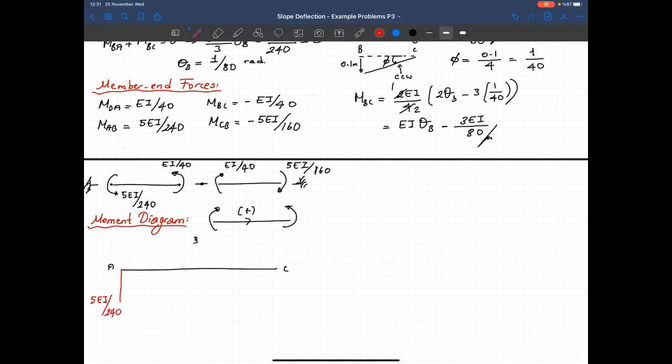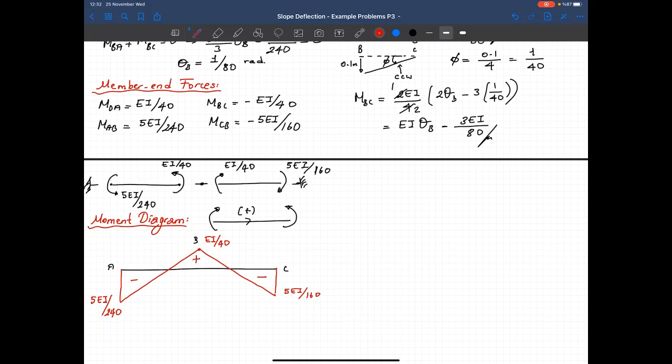At the end of member AB, a positive moment, magnitude is EI over 40. And at point C I have another negative moment, magnitude is 5EI over 160, and the variation in between is linear. So that's the moment diagram, minus, plus, and minus.